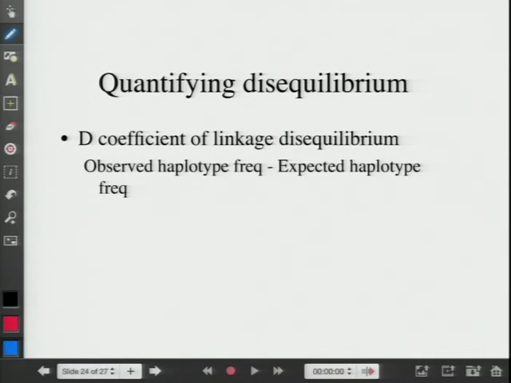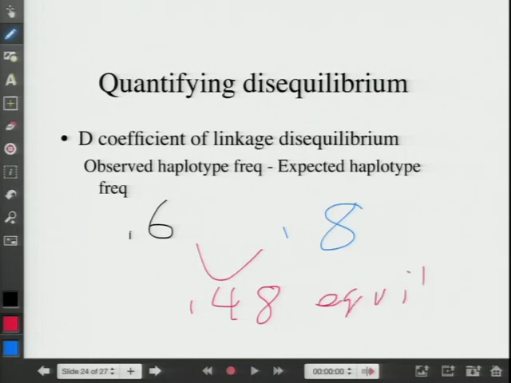If this was 0.6 and this one was 0.8, we said the expected is 0.48. If it's that, then it's in equilibrium. If it's anything other than that, then it's in disequilibrium.